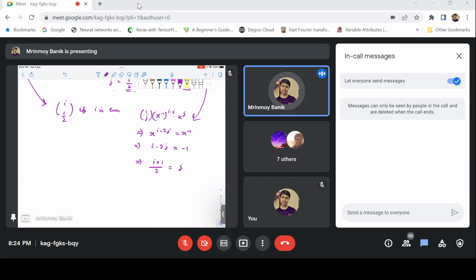Okay, so that's what we are getting. So this implies this thing contributes iC(i plus 1 by 2) when i is odd.